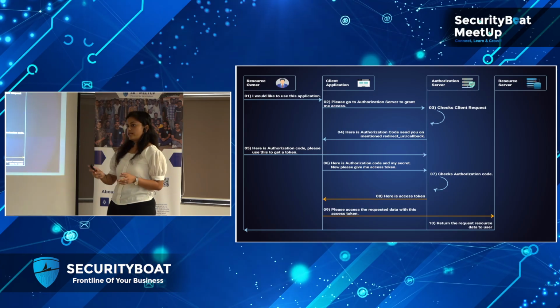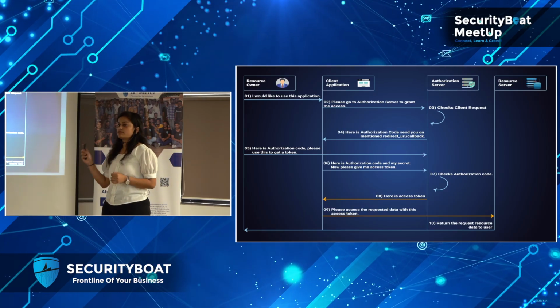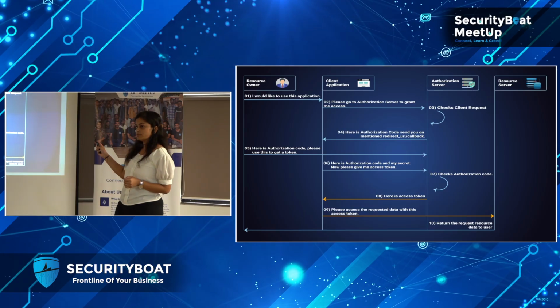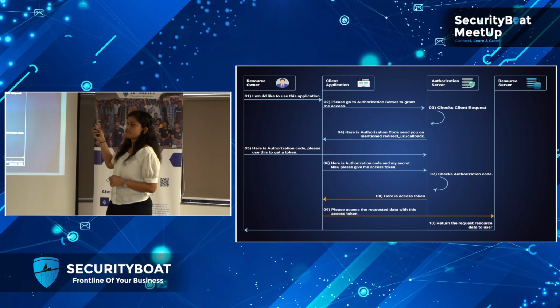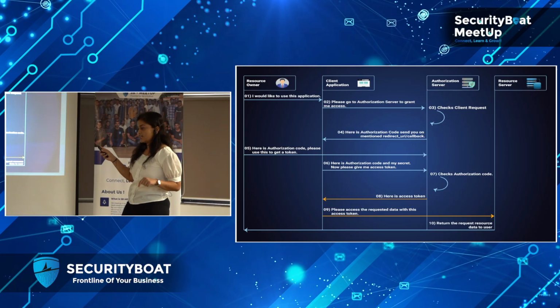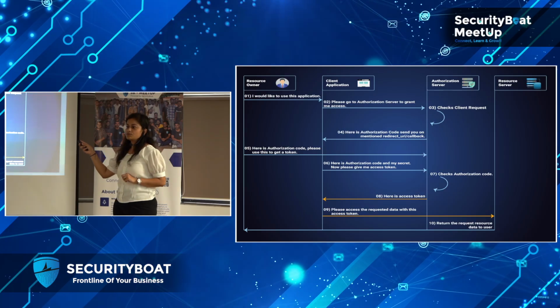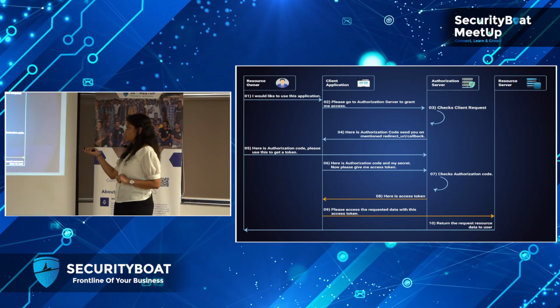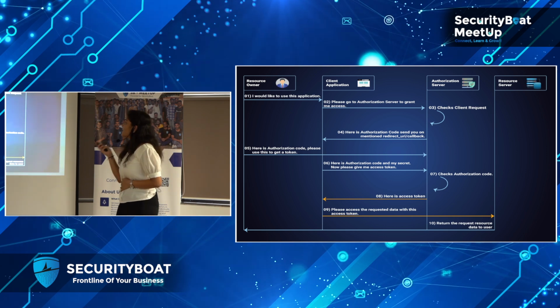Let's say you are going to PUBG and asking to connect with Facebook. PUBG will redirect to the authorization server, which in our case is Facebook. After checking our client ID, state parameter and path, it will redirect us with the authorization code, which I described as a temporary code in the previous slide.